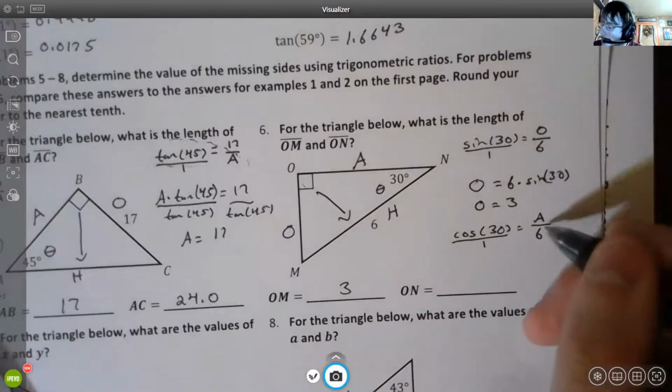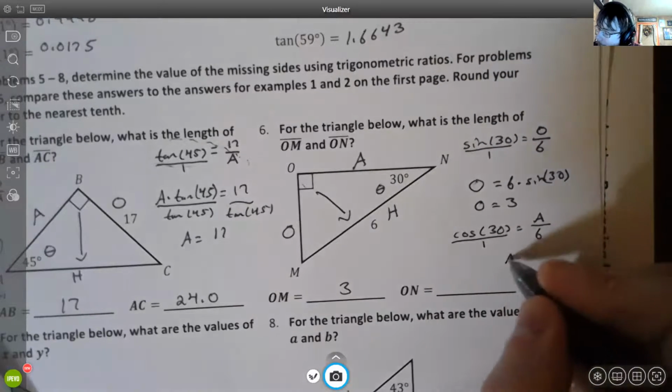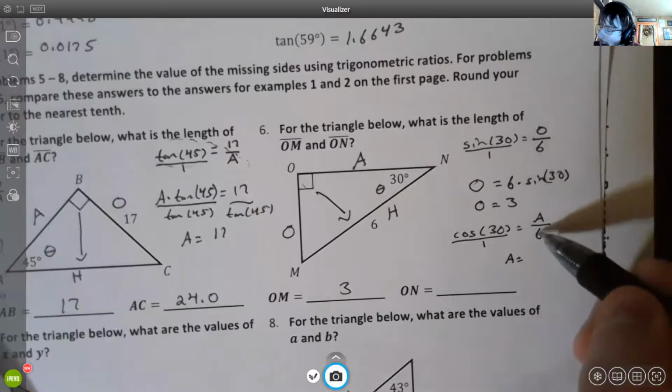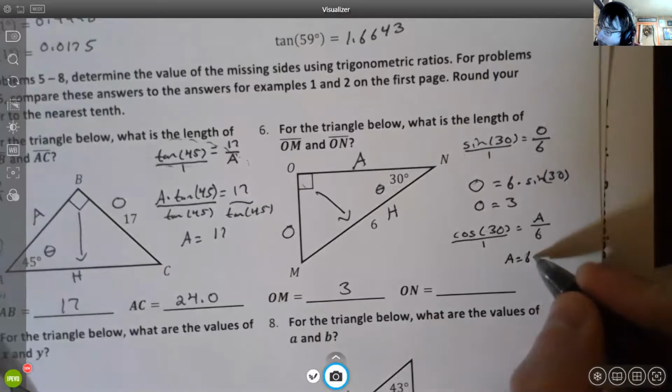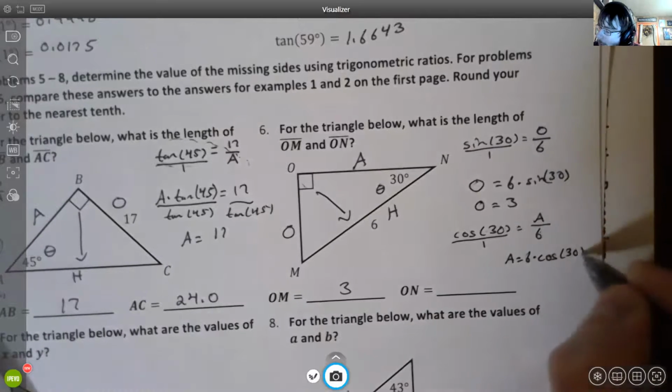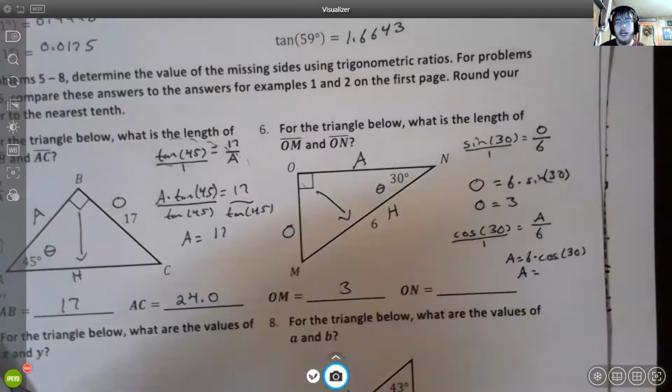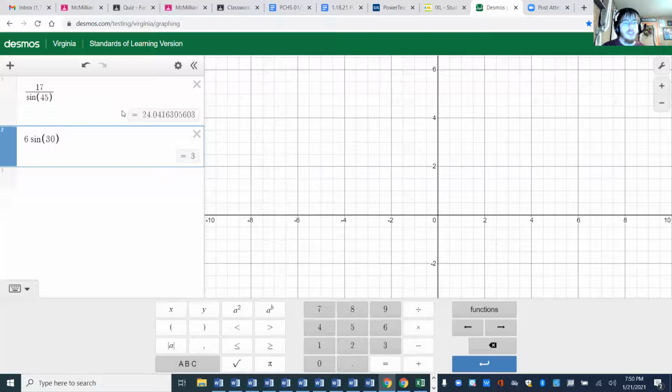So we multiply A and 1, which is just A, and then we multiply 6 and cosine 30, which is 6 times cosine of 30. And if you plug that into your calculator, you get that 6 times cosine of 30 is 5.2, approximately.